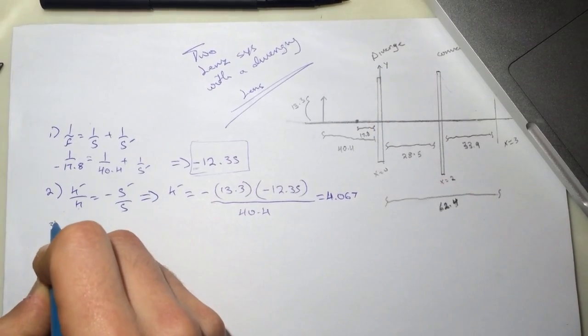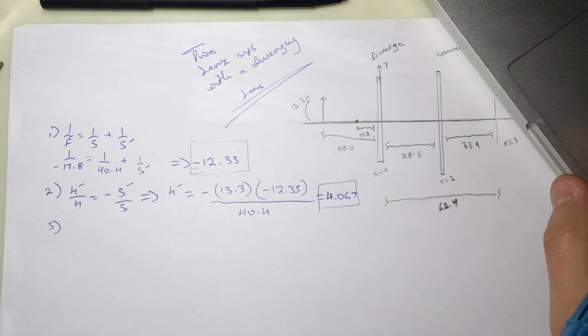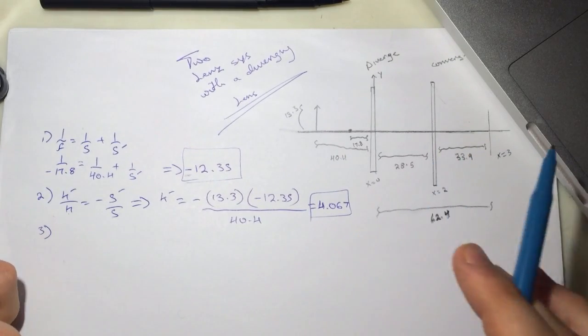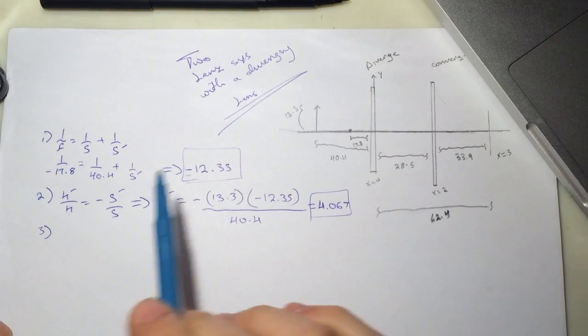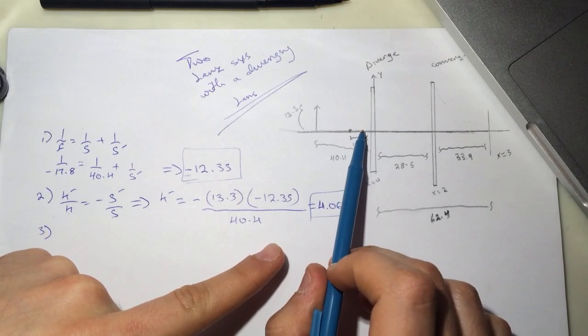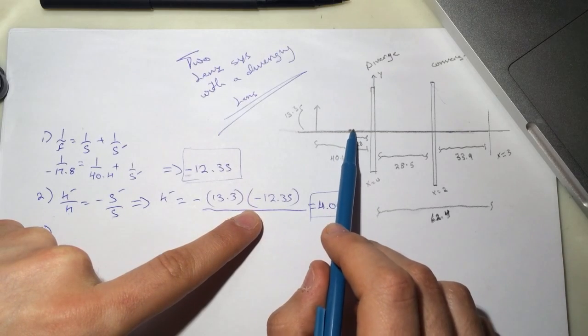Okay, so number 3. Number 3 is what is the focal point of the second lens? So we know that it's a converging lens, and we got an object that is minus 12, to this side here.